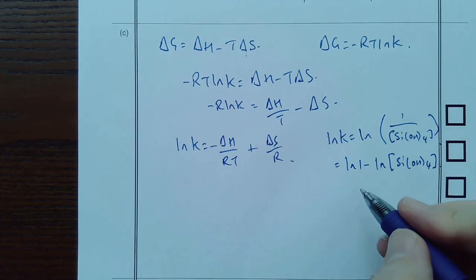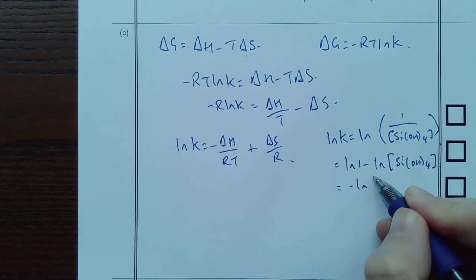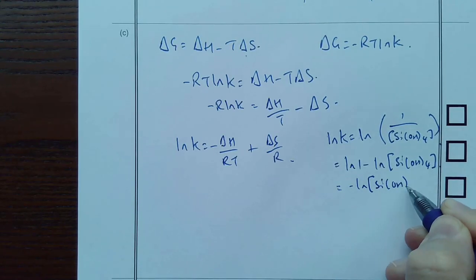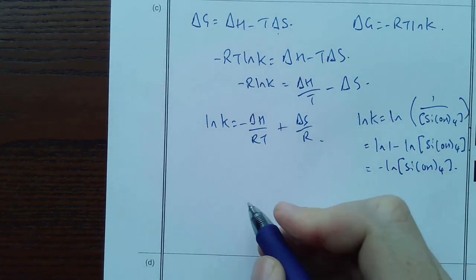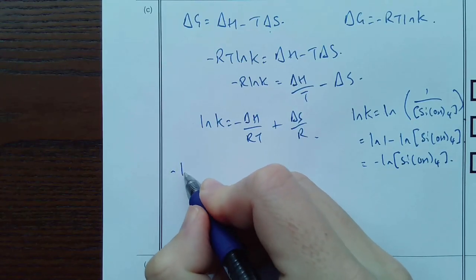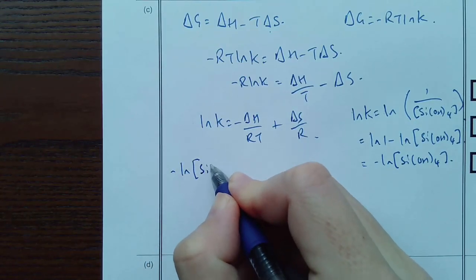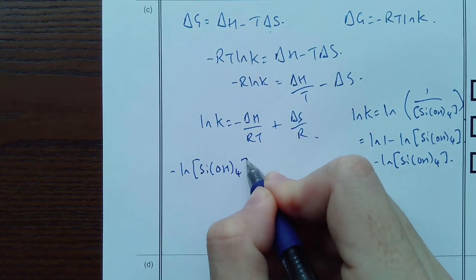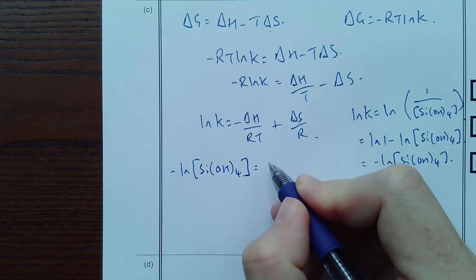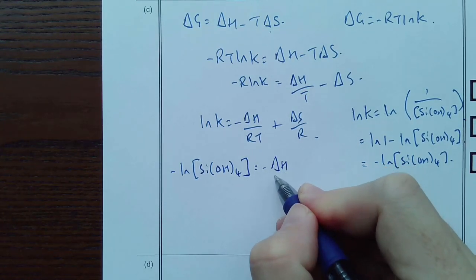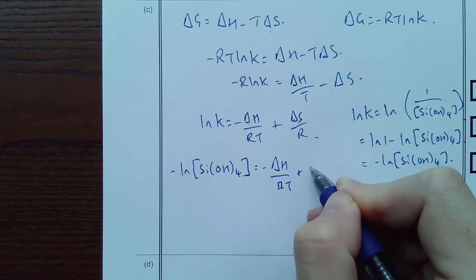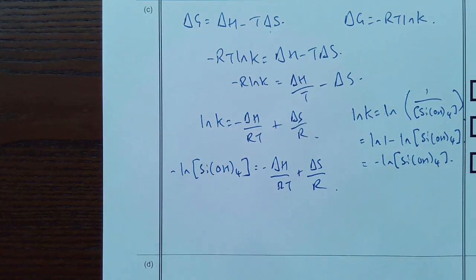Log of 1 is 0, so this just comes out as minus log SiOH4. Okay, so let's put that in. So I'm going to get minus log SiOH4 equals minus delta H over RT plus delta S over R.